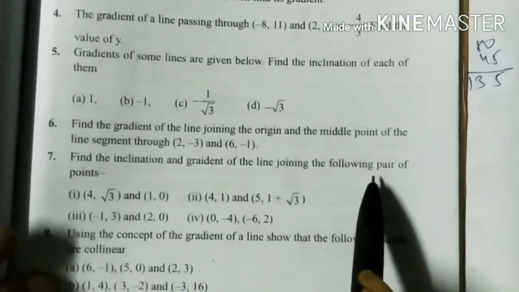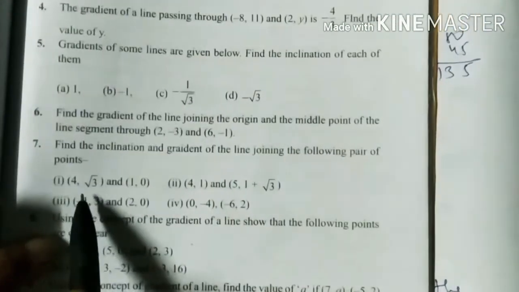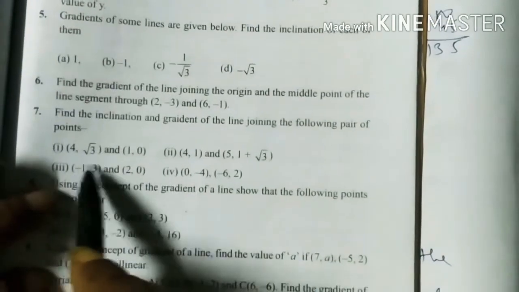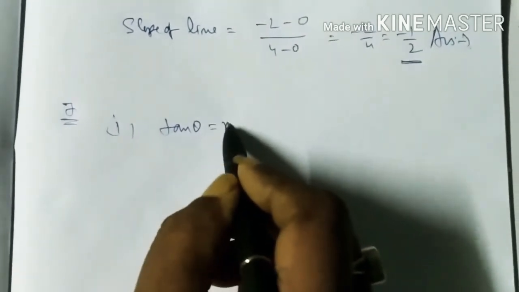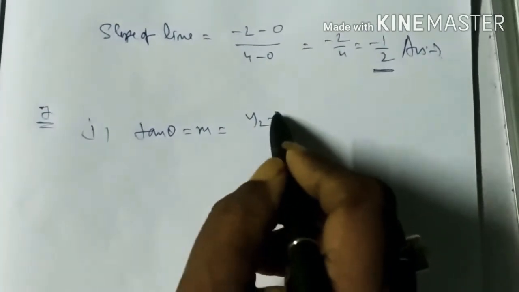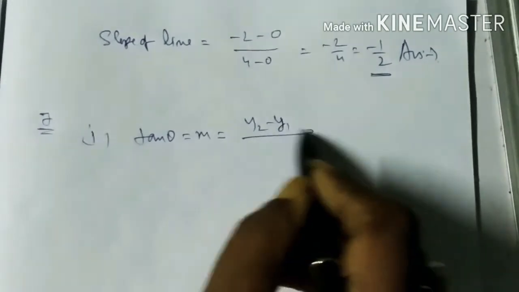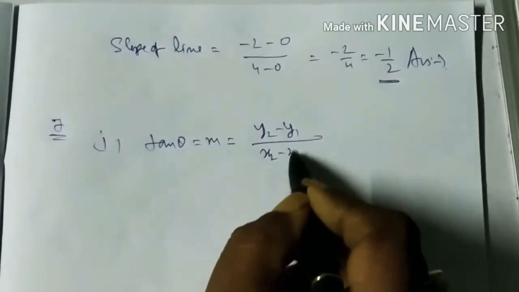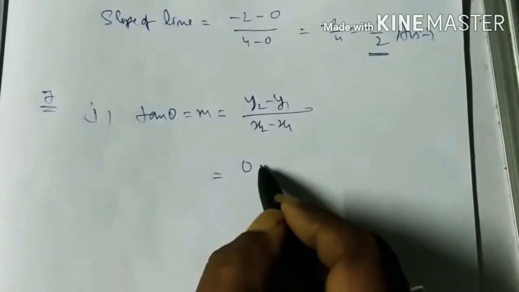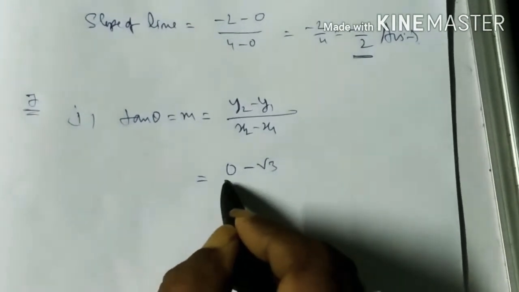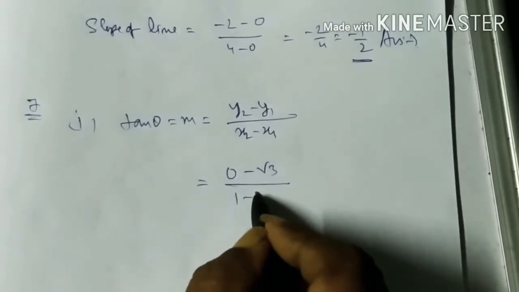Now question number 7. Find the inclination and the gradient of the line joining the following pairs of points. First of all, I will find the gradient. So tan theta, that is m, will be equal to (y2 minus y1) by (x2 minus x1). So this will be (0 minus root 3) by (1 minus 4).